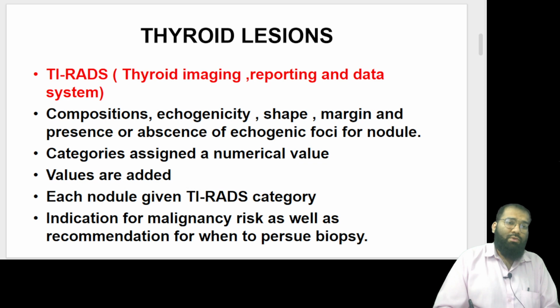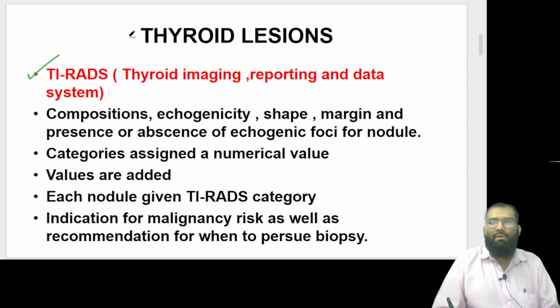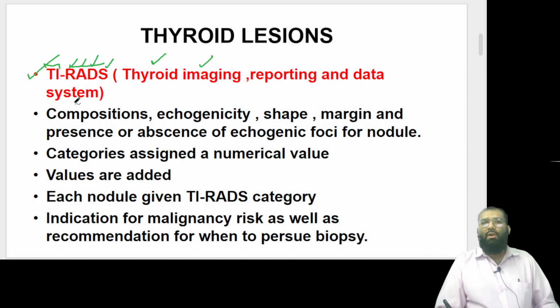When it comes to thyroid lesions, you need to understand that there is a system called the TI-RADS system. Let us begin with the full form of TI-RADS. TI stands for thyroid imaging, RADS stands for reporting and data system. So, thyroid imaging, reporting and data system.